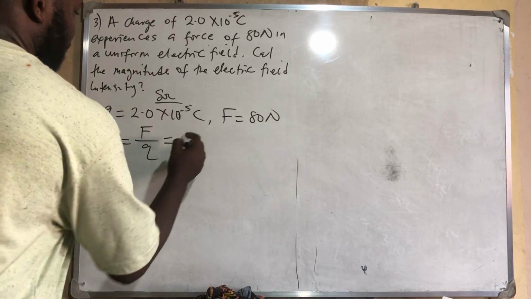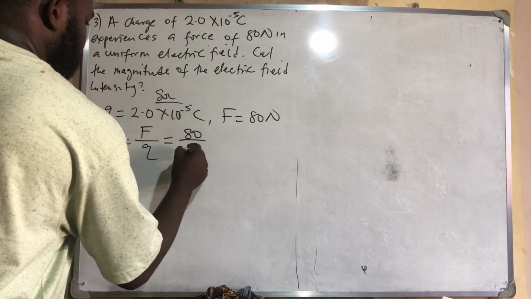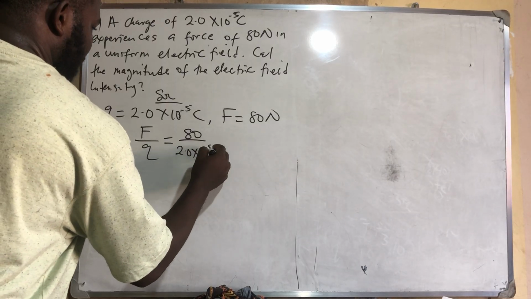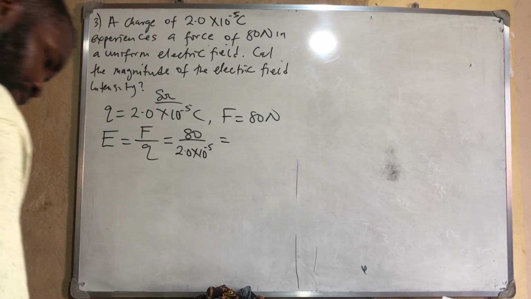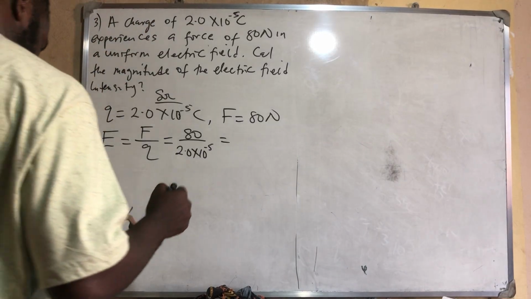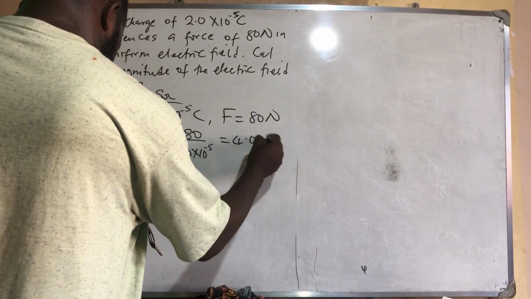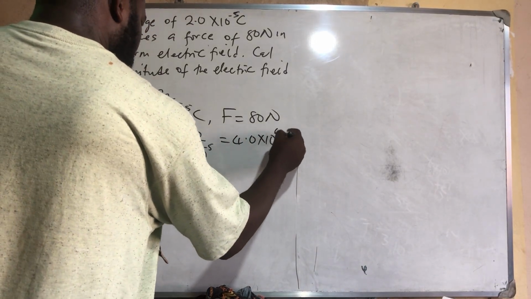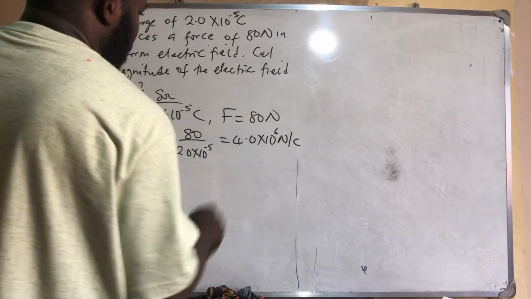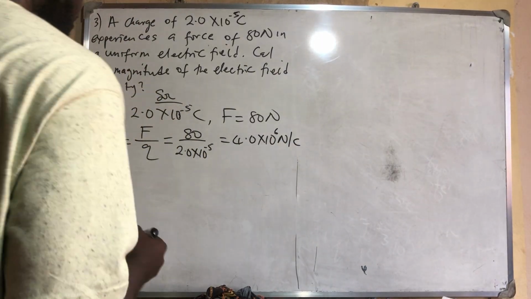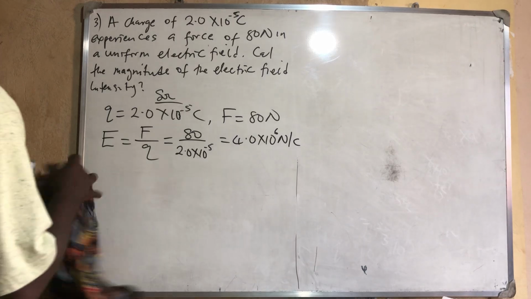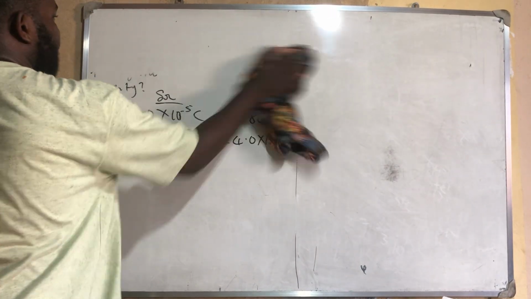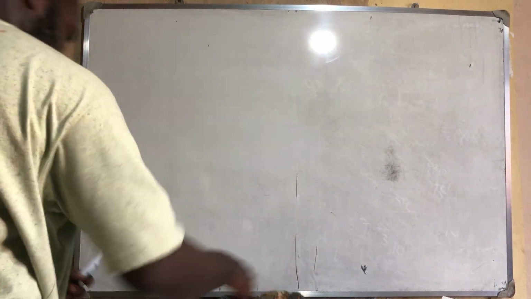So my force is 80 divided by 2.0 times 10 raised power minus 5. If you divide that, you'll be having 4.0 times 10 raised power 6 Newton per coulomb. This is very simple. We are still solving the simple ones, we are getting to the more complex ones, though all of them are very simple.